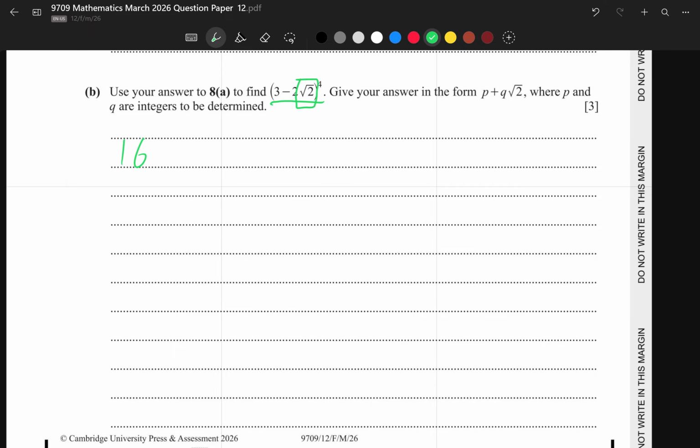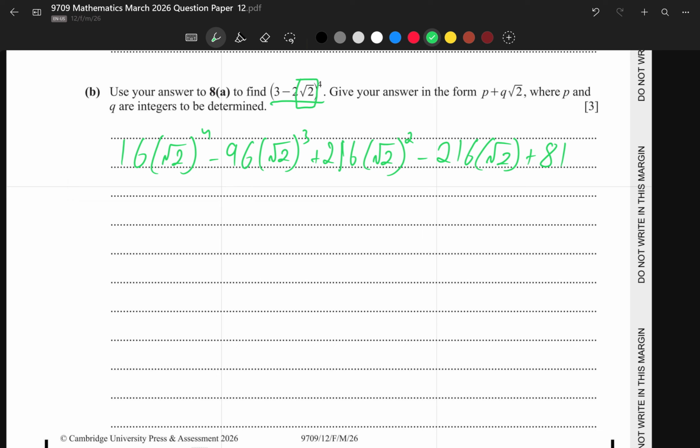So 16 into (square root of 2)^4 minus 96 into (square root of 2)^3 plus 216 into (square root of 2)^2 minus 216 into square root of 2 plus 81.